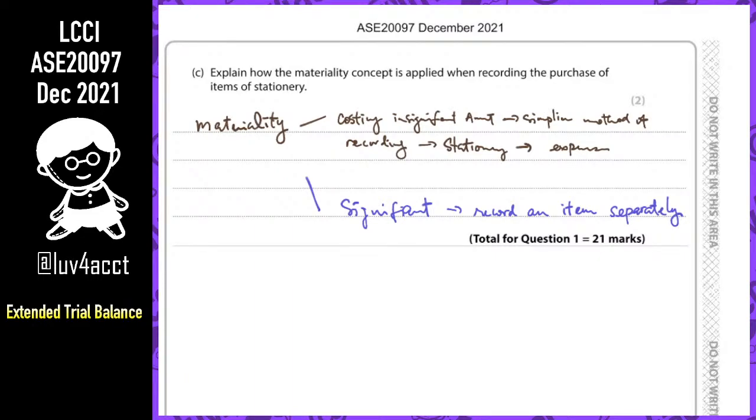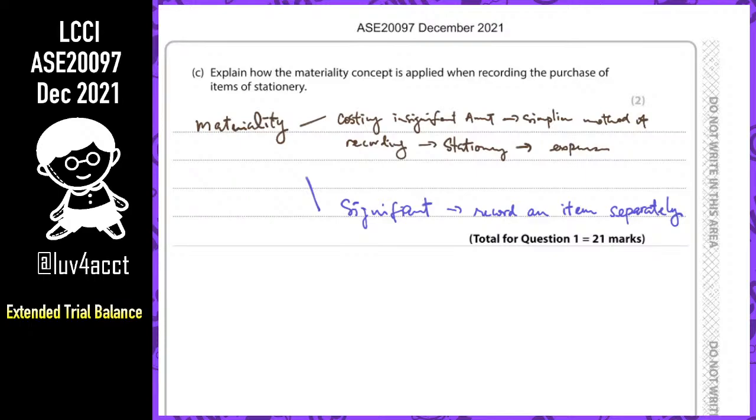Again, let us still use these small items. Usually when we buy stationery or office supplies, we will put it into this stationery or miscellaneous sundry expenses, something like this.